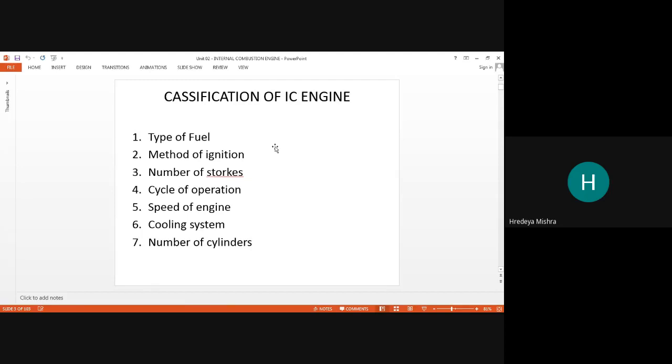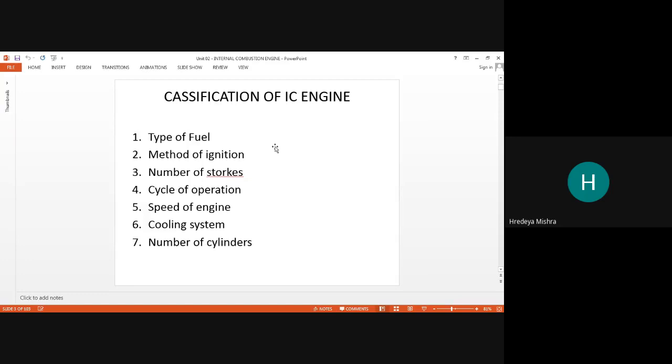Based on the fuel used, there are two types of fuel we can use in the IC engine, that is diesel engine or petrol engine. Method of ignition. Okay.